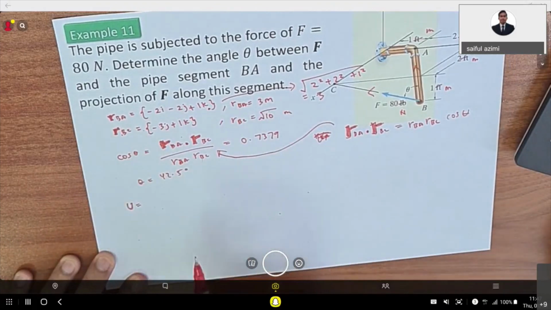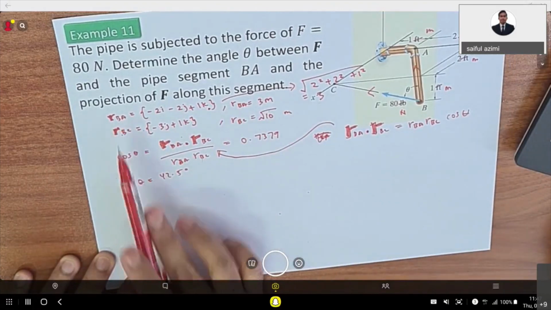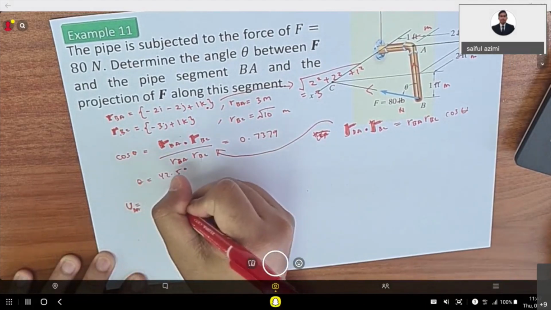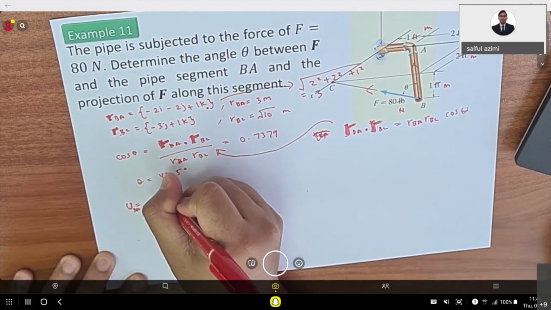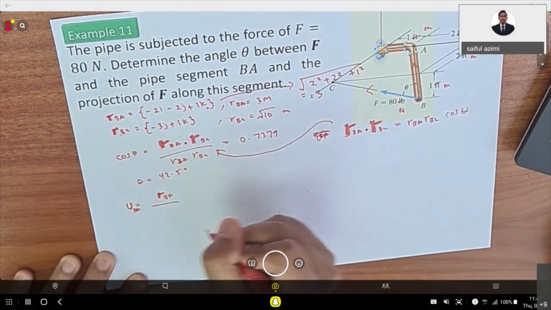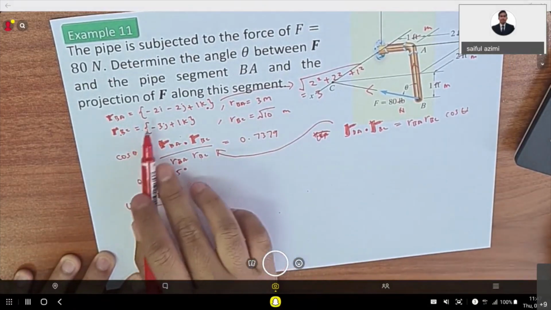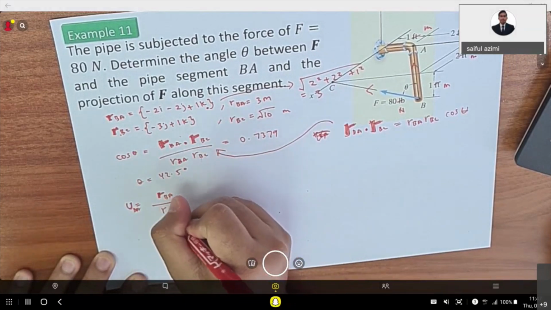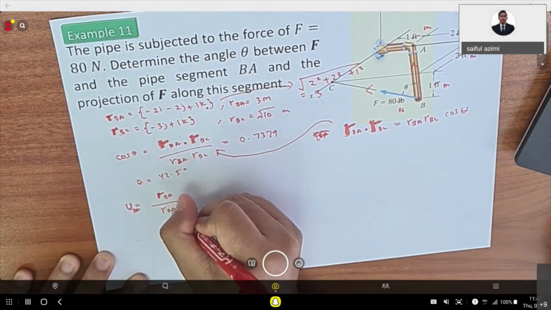So we already have RBA here. The unit vector of BA equals the position vector RBA over its length, the magnitude of RBA.